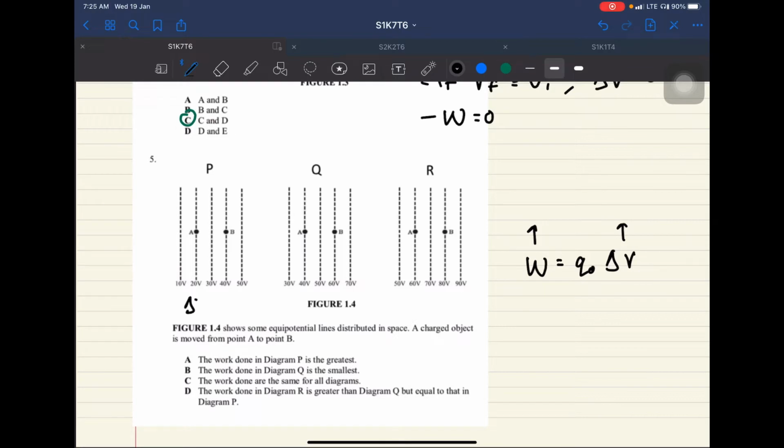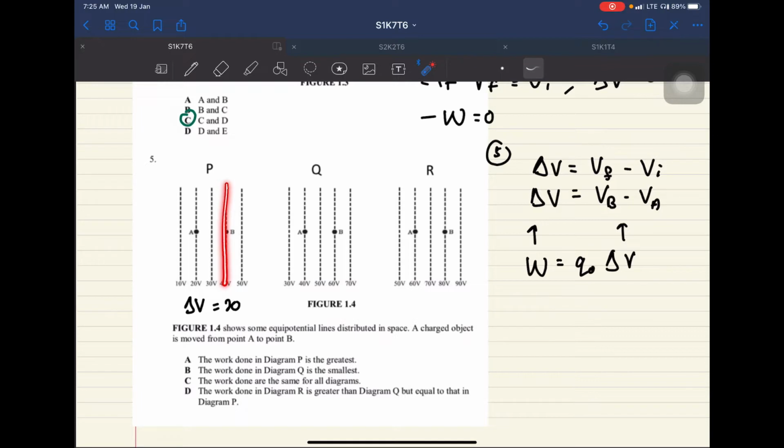Delta V over here is equal to 20 because we move from A to B, so final minus initial. Delta V is equal to V final minus V initial, in this case VB minus VA.